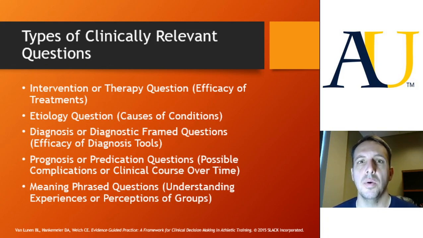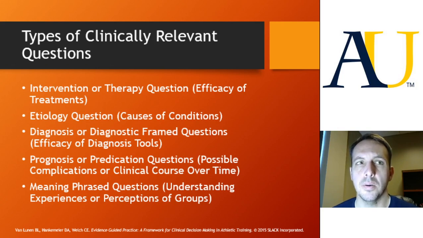But when we have more than one diagnostic test that's associated with a specific condition, it is quite possible that we might have contradictory results from each of the tests, and then we need to figure out which of these tests is best for identifying that individual condition within our patient population. And so we can create diagnosis or diagnostic frame questions for that purpose as well.